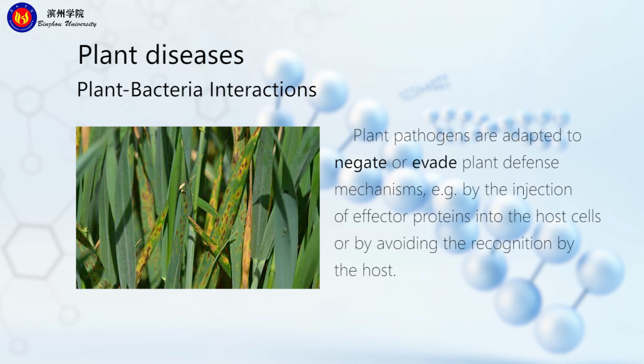Plant pathogens are adapted to negate or evade plant defense mechanisms. For example, by the injection of effector proteins into the host cells or by avoiding the recognition by the host.